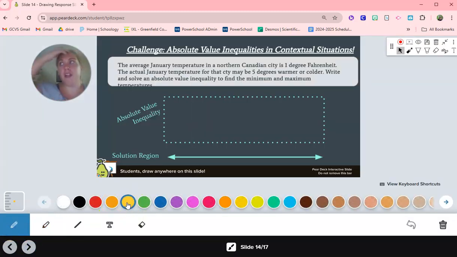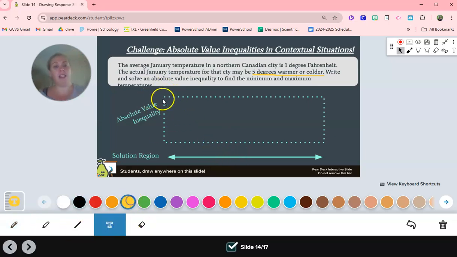This says the average January temperature in a northern Canadian city is 1 degree Fahrenheit. So cold. The actual January temperature may be 5 degrees warmer or colder. So it could be 1 plus 5 or 1 minus 5, right? And we can represent that as an absolute value inequality.